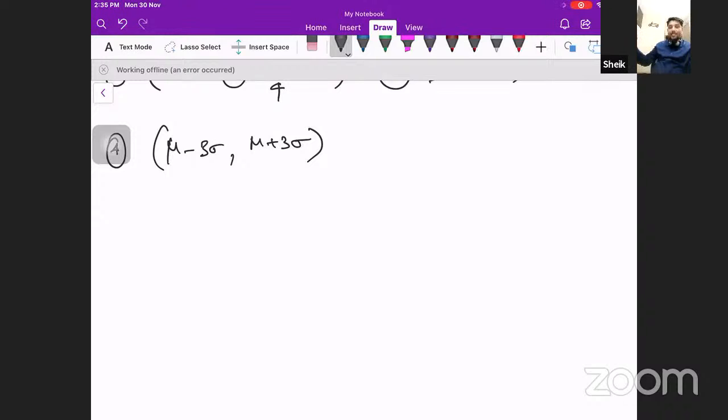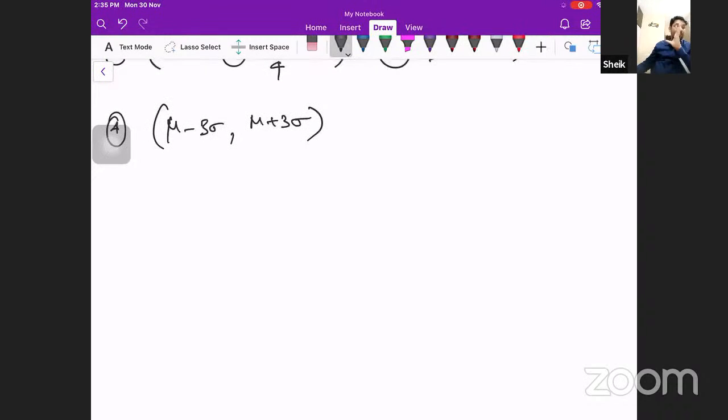All the area, but 0.27% of normal distribution is not covered. So our option is all but 0.27 percentage.